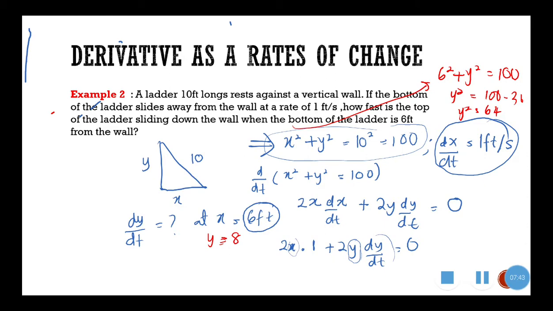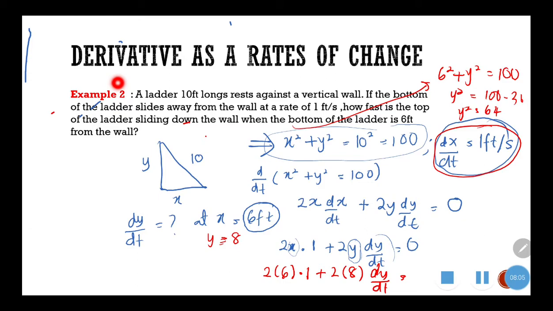So from here, 2x, 2 times 6 times 1, dx/dt is equal to 1 earlier. Where is the dx/dt, I didn't write it. Here. dx/dt equals 1 plus 2y, 8, dy/dt equals 0.